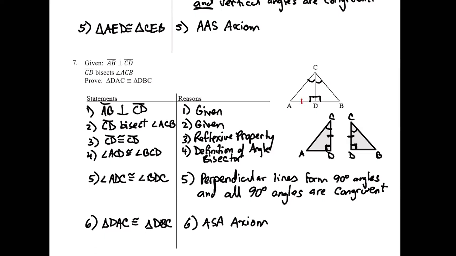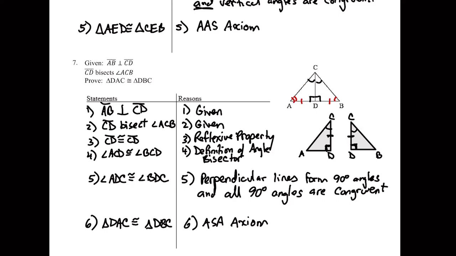That means that this side is congruent to this one, this angle here, this side is congruent to this one, and we already knew that the reflexive side was congruent. So we can fill in the rest of the puzzle based on the fact that those two triangles are identical. Yes, they're facing different directions, but they're the same triangle.